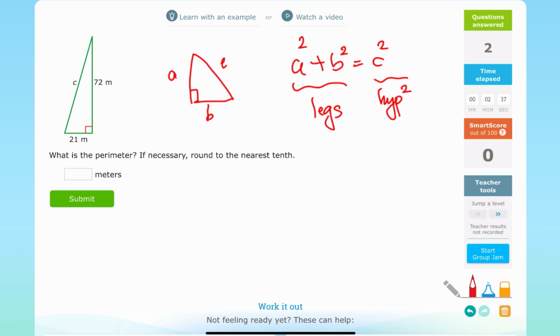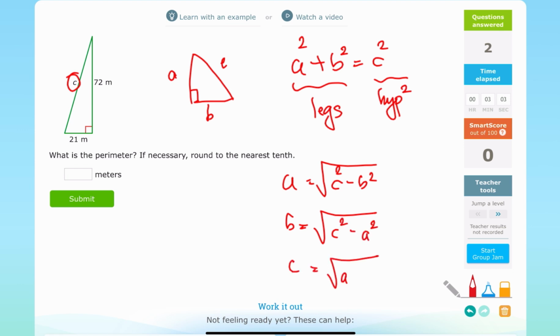In this question, it is asking to find the hypotenuse, which is C. From the theorem, we can use three shortcuts to find the missing side: A equals the square root of C squared minus B squared, B equals the square root of C squared minus A squared, and C equals the square root of A squared plus B squared.